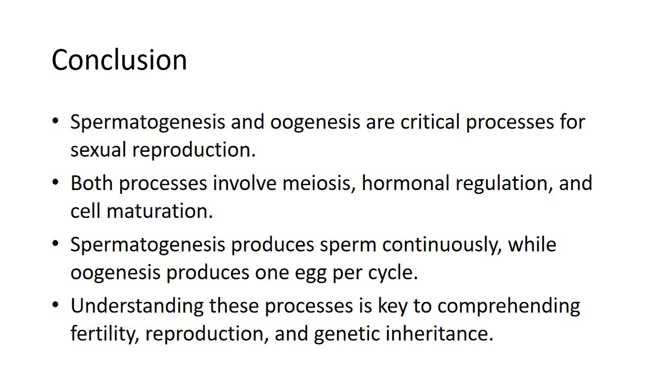While spermatogenesis results in the continuous production of sperm, oogenesis is more complex and cyclical, involving the maturation of one egg per menstrual cycle. Understanding these processes is crucial for the study of fertility, genetic inheritance, and reproductive health.